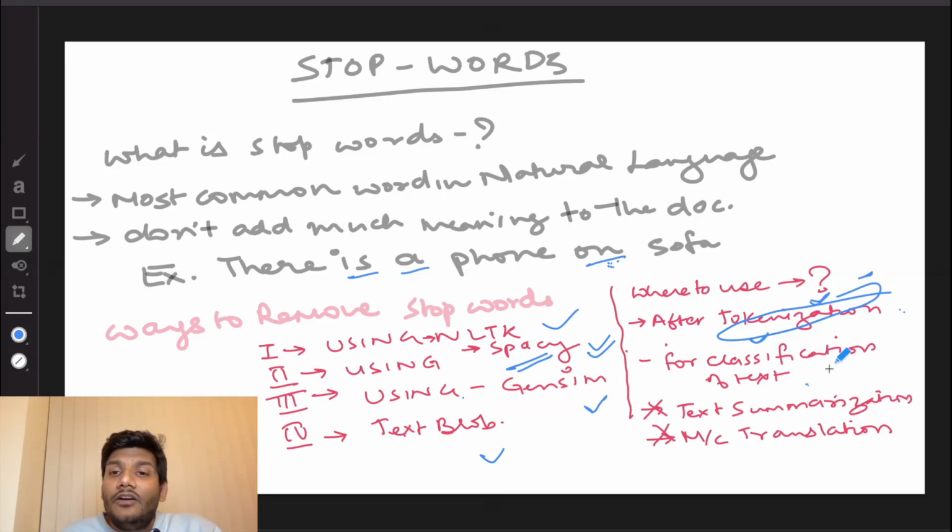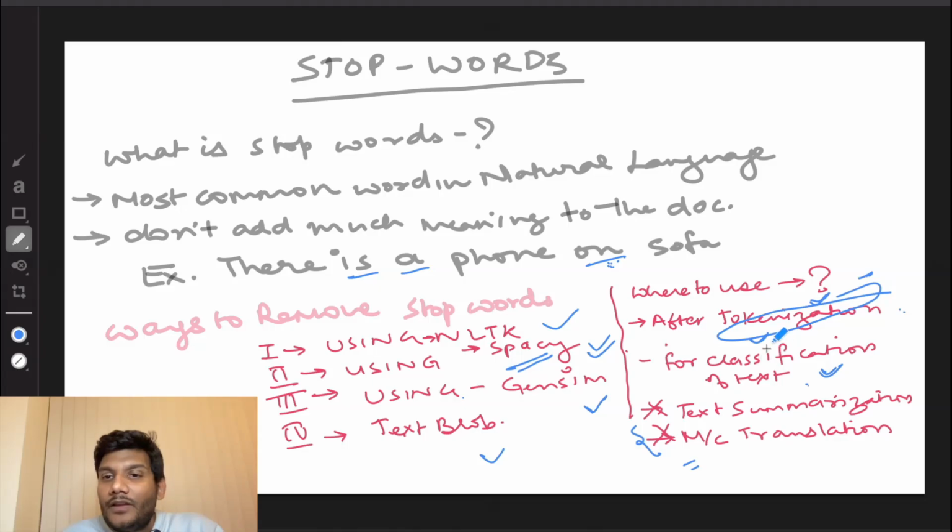And we use this technique for classification of text, meaning the classification problem. When we are doing text summarization or machine translation, we should not do this stop word removal because it is not helpful there. However, these two things are not in scope of our video today. I'll cover this in my later videos.